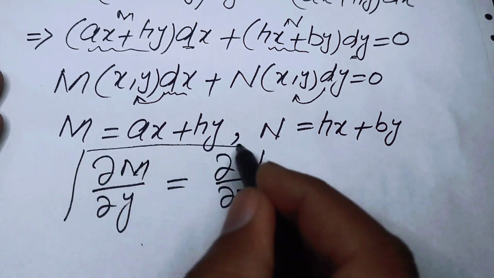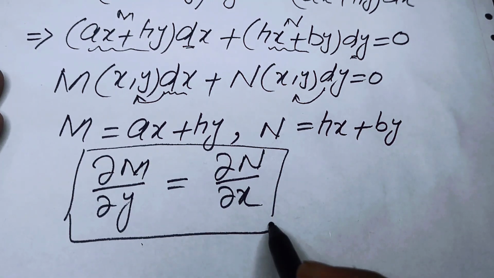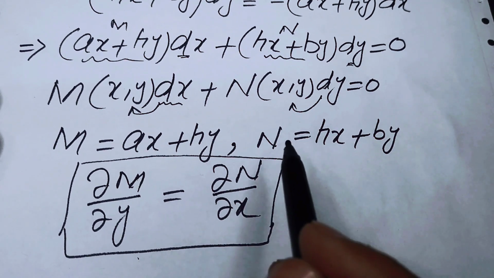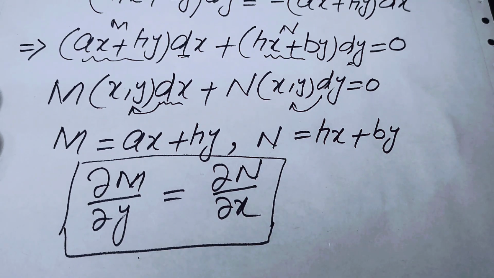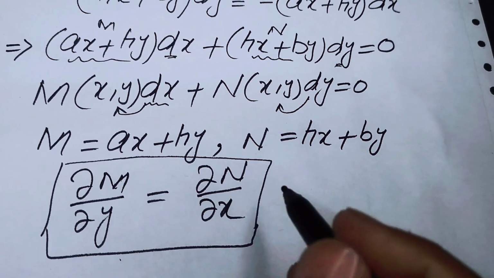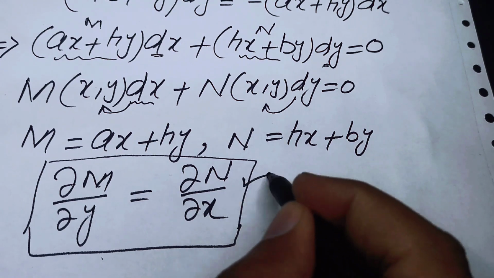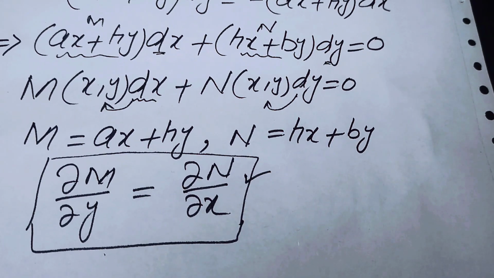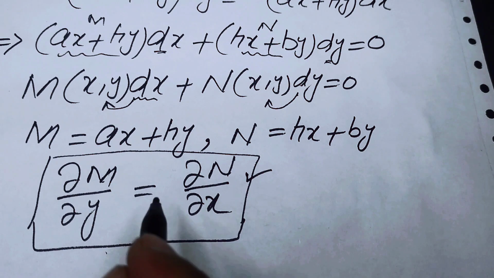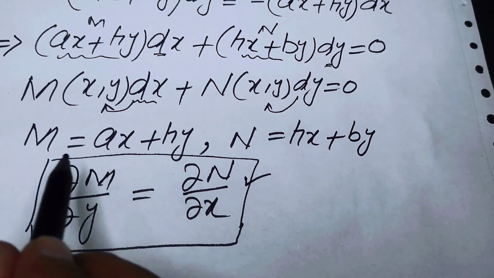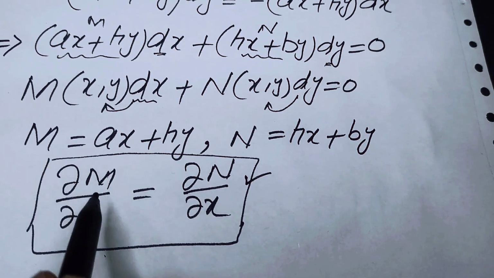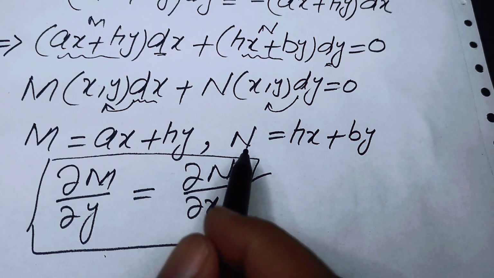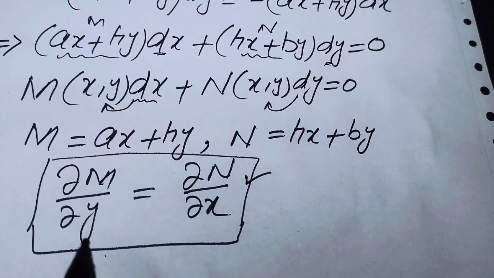If this expression holds, then we can say that our given differential equation is an exact differential equation. So in order to check this, we can take the partial derivative of M with respect to y, and the partial derivative of N with respect to x.